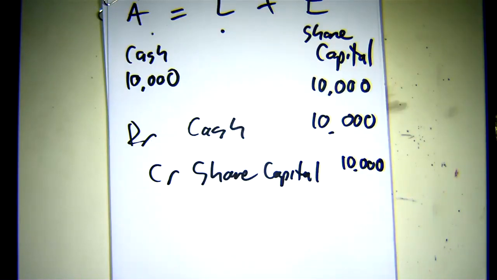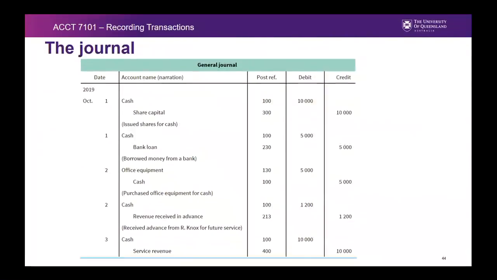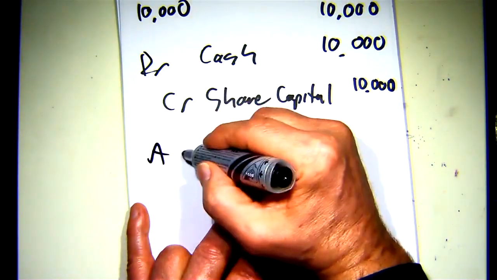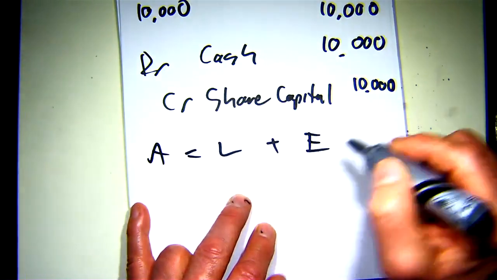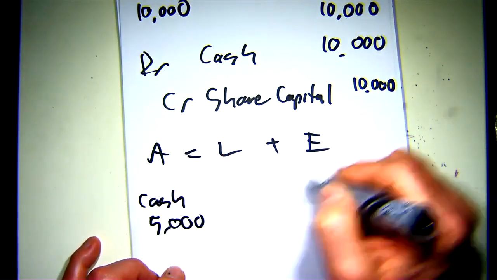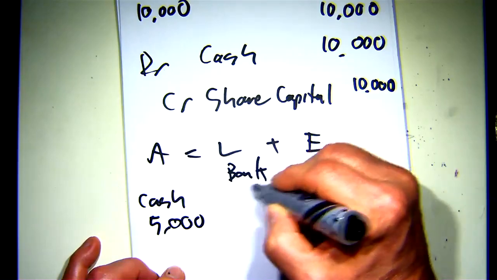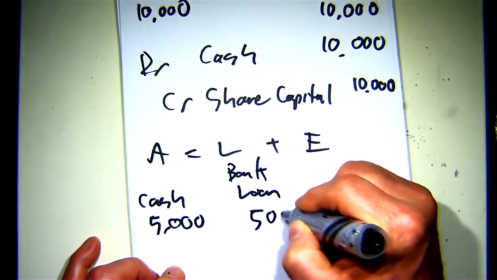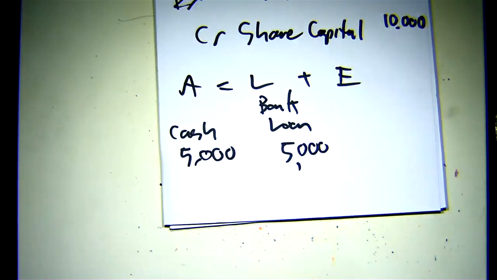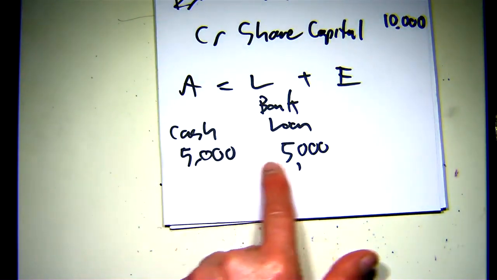So look at the next transaction. I borrow $5,000 cash from a bank loan. The second one was I borrow money from a bank, so I increase cash by $5,000 and have a bank loan of $5,000.